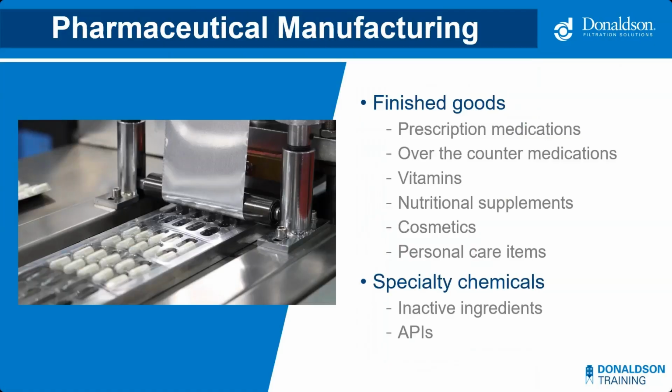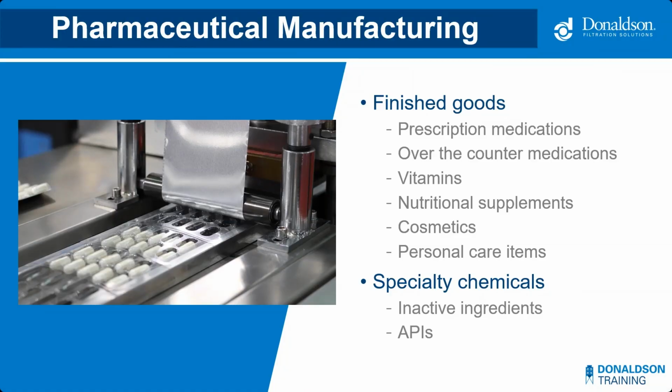Okay, so pharmaceutical manufacturing is a diverse and evolving industry that develops and manufactures consumable products for health and nutritional purposes. Products in this industry generally fall into two categories. You have finished goods and specialty chemicals. So finished goods, we're talking about prescription medications, over-the-counter medications, vitamins, supplements, cosmetics, personal care items, things of that nature.